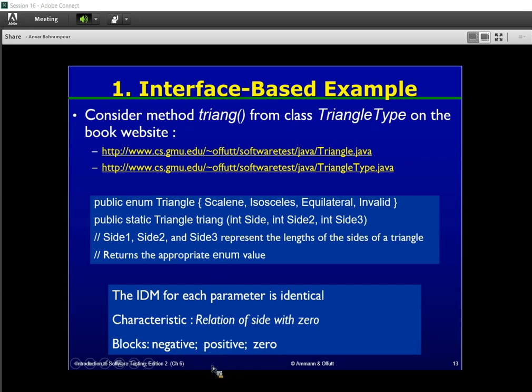As you know, 3 blocks could be considered for each parameter. So altogether, the blocks we should consider to test this method are the cross product of the blocks for each parameter. It's 3 times 3 times 3 blocks that could be defined to choose our input values.